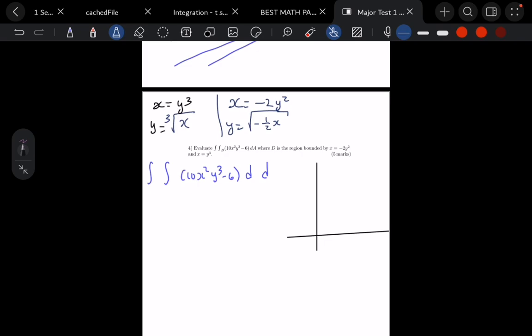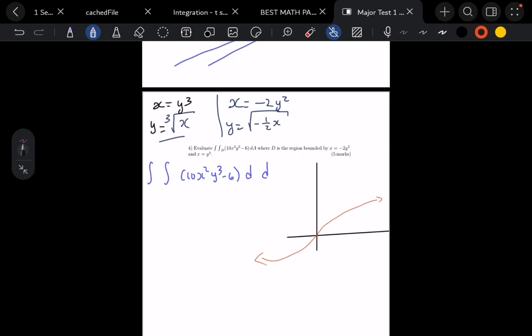Since x is the subject of the formula, I'm trying to think. So y is equal to the cube root of x is something like that.